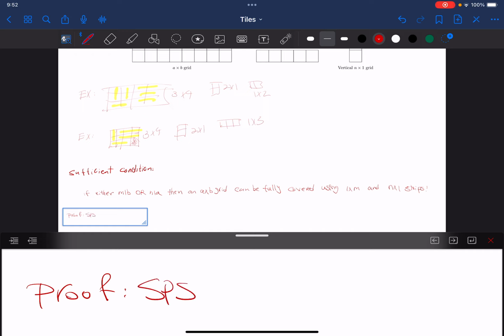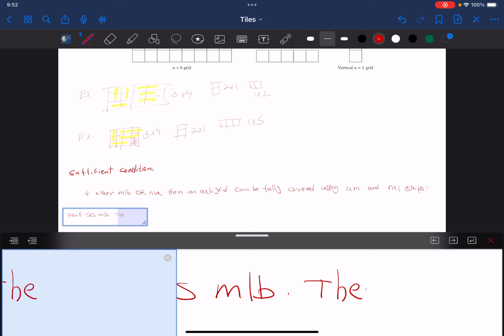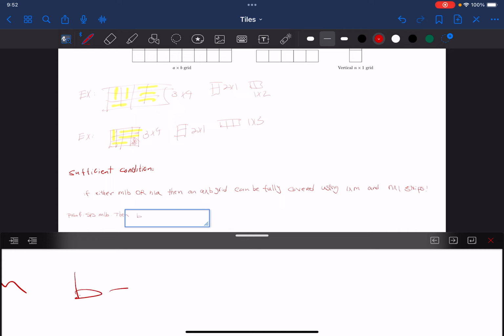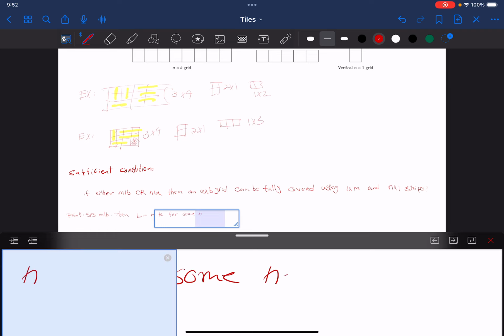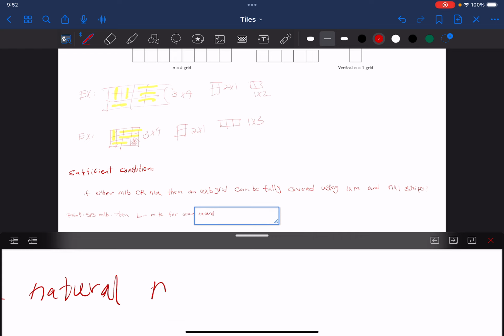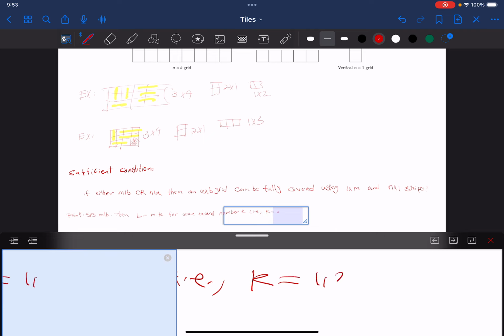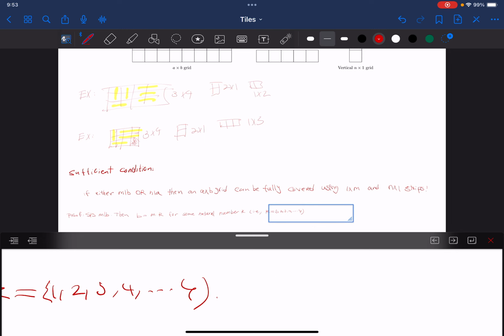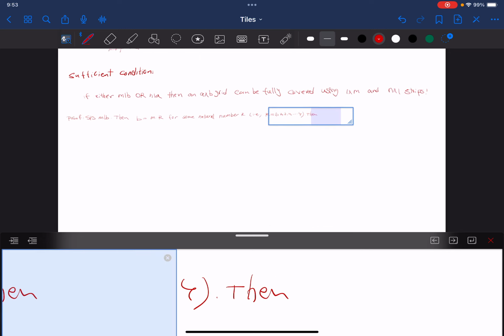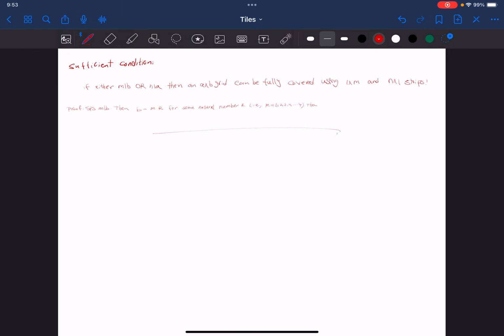Suppose, for example, that M divides B, then B is equal to M times K for some natural number K. By natural number, I mean K is 1, 2, 3, or 4, etc. Then this is the grid that we have, right?